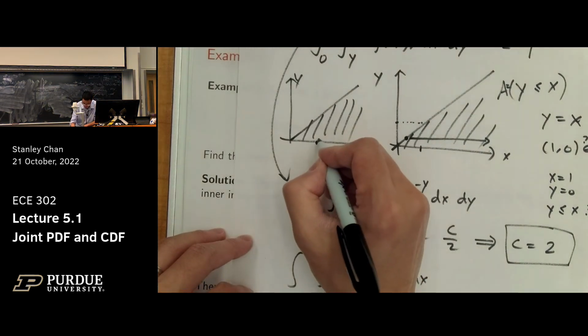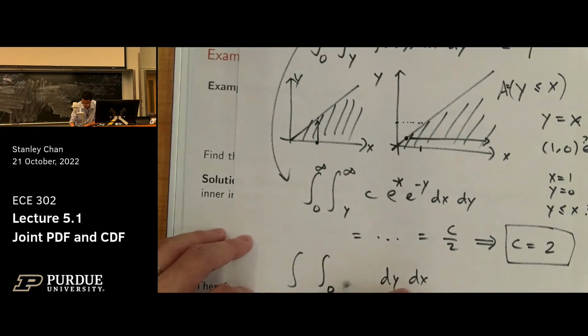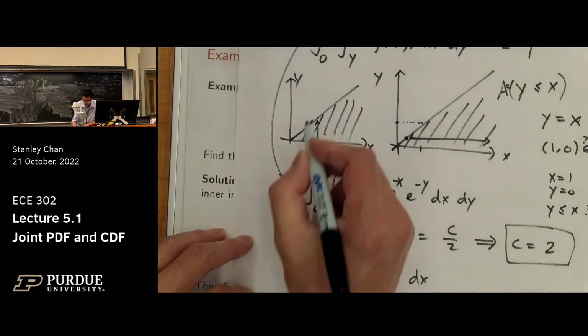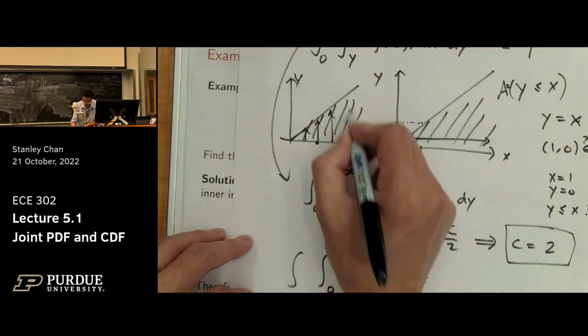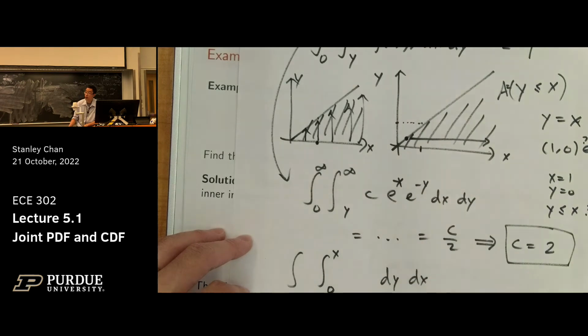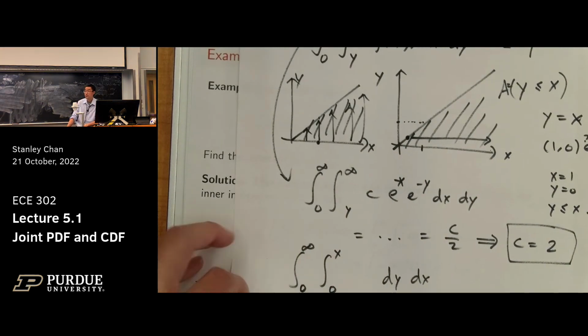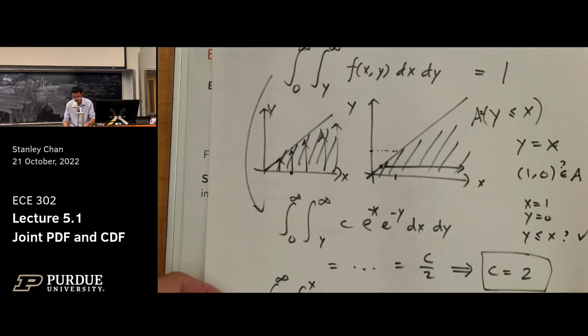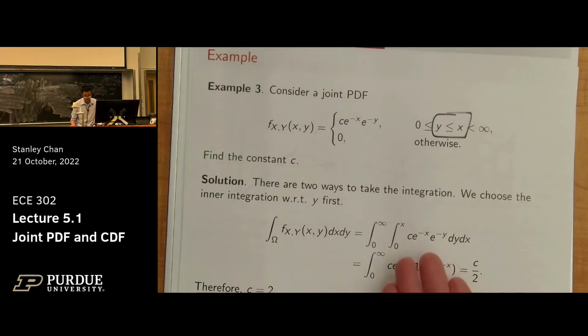It will be from 0 all the way to this point. This is x, it's not y, because you're integrating dy. And then you want to cover all the possible vertical lines, so that's from 0 to infinity. The same principle applies. So this is what you are seeing in the slide.